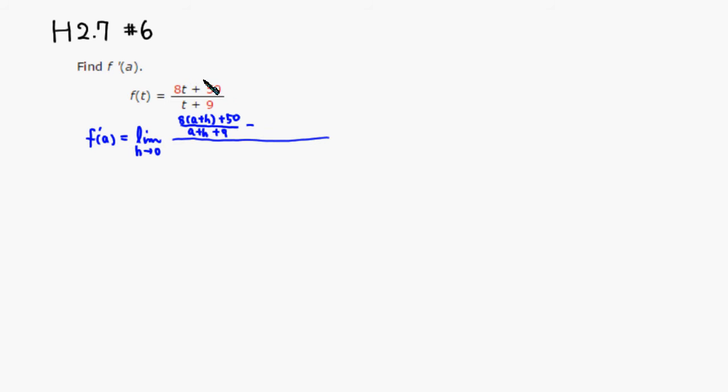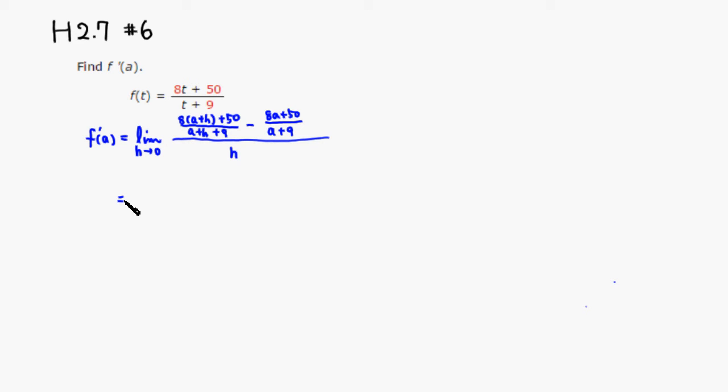And minus f of a, so we put a whenever we see t, so you have 8a plus 50 over a plus 9, and all over h, right?